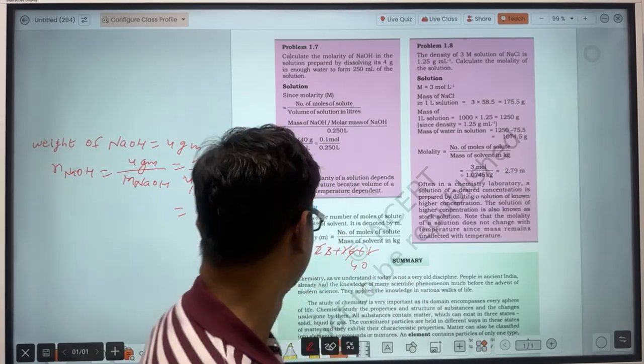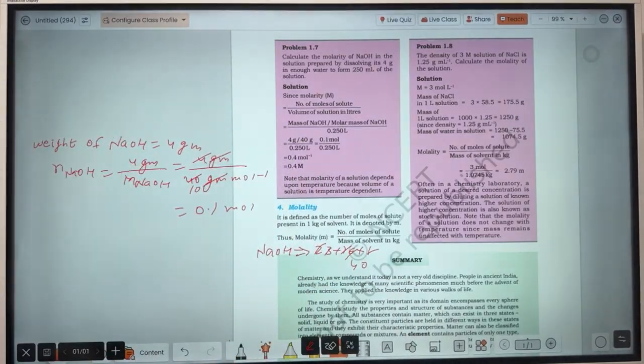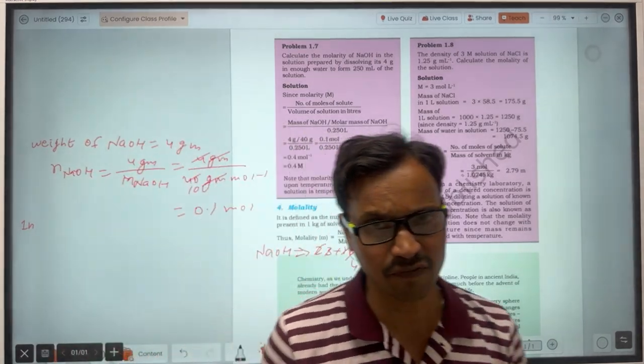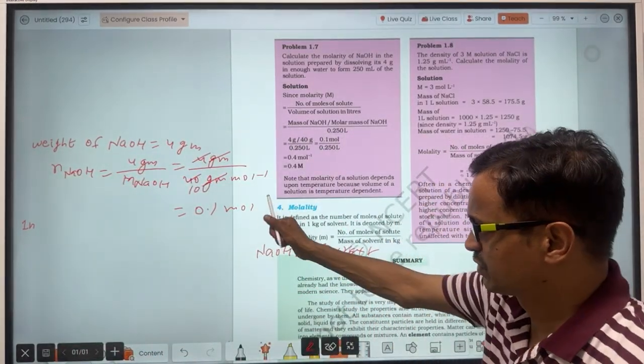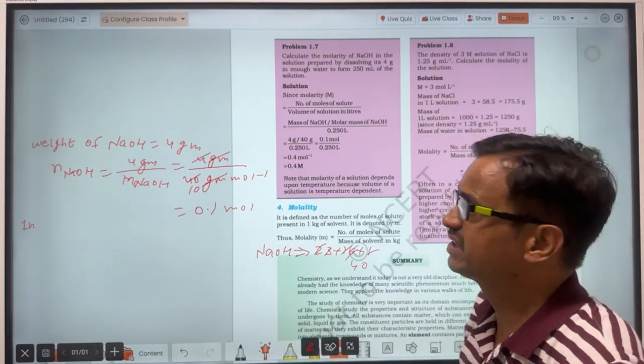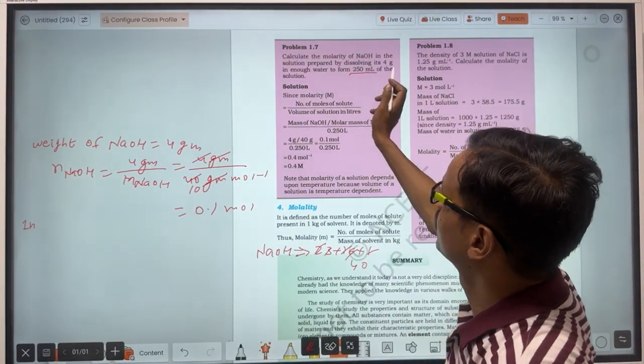Firstly, the number of moles is that much, and that has been dissolved in 250 milliliter of the solution. So in 250 milliliter of the solution, the number of moles of NaOH is 0.1. Now 1 liter means 1000 milliliter.